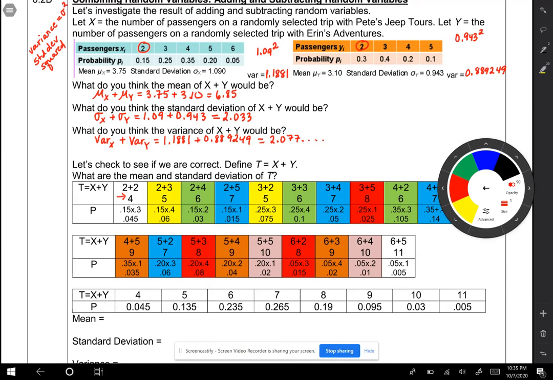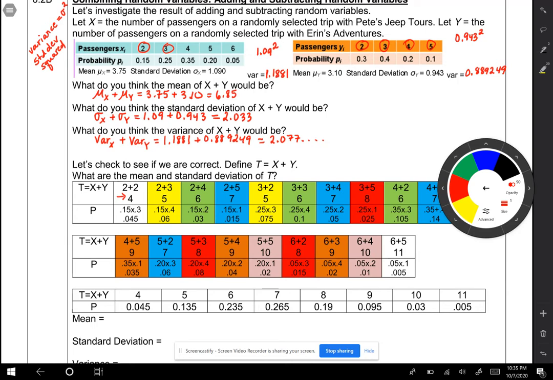So that's where you get the 0.15 times the 0.3. For the next one, you take 2 from Pete's and add it to 3 from Aaron's, then 2 plus 4, 2 plus 5, and so on. Then you start with 3, and you go 3 plus 2, 3 plus 3, and you do the whole thing. The reason they're color coded is that you have multiples of the same total. You have 5 passengers when you do 2 plus 3, and also when you do 3 plus 2.